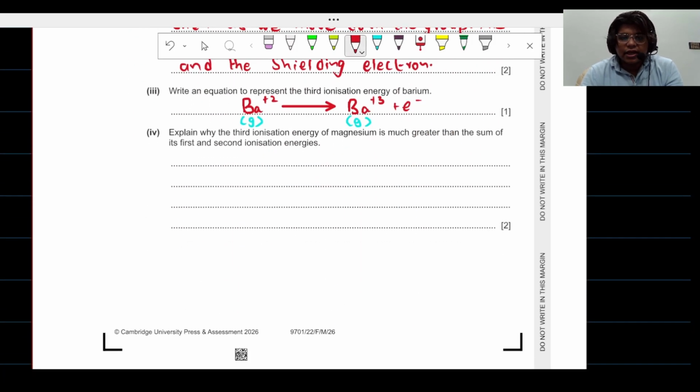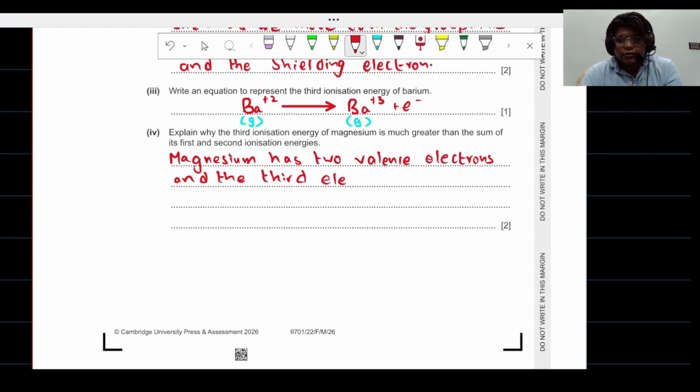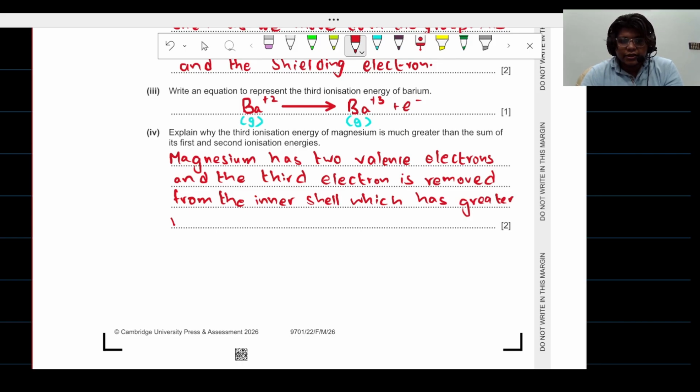So the third ionization energy is far greater than the first and second summed. Why? Because magnesium has two valence electrons, and the third electron is removed from the inner shell, which has a greater nuclear charge and lower shielding.